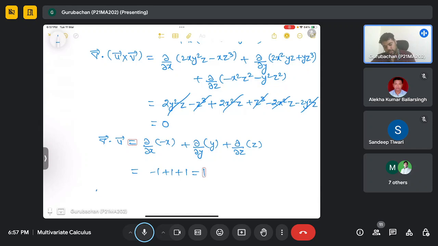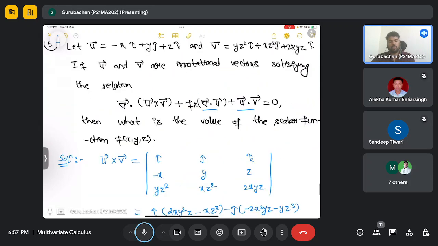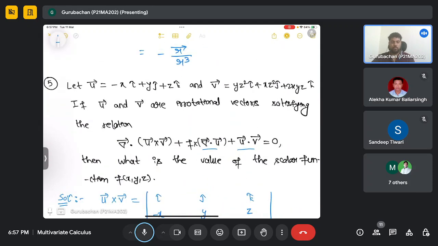Now the third one is u dot v. U dot v means we have to multiply each of the components, like i cap with i cap, j cap with j cap, and k cap with k cap. So here it will be minus x into yz square, y into xz square, and z into 2xyz.